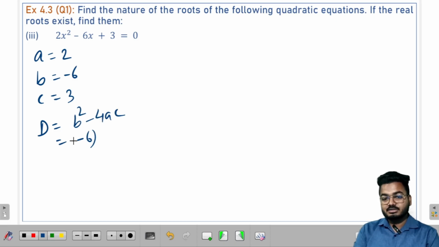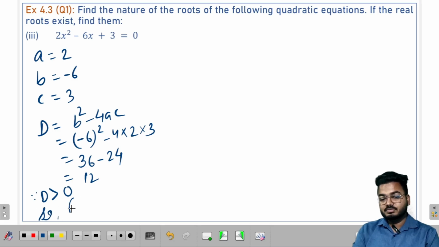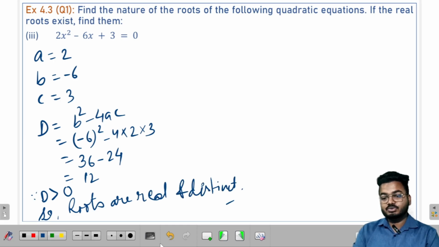Minus 6 whole square minus 4 into a into c. So 6 6s are 36, minus 4 2s are 8, 8 3s are 24. It will be 36 minus 24, it will be 12. Yes. Now the value of d is greater than 0, that means positive. So roots are real and distinct. Distinct means both are different.